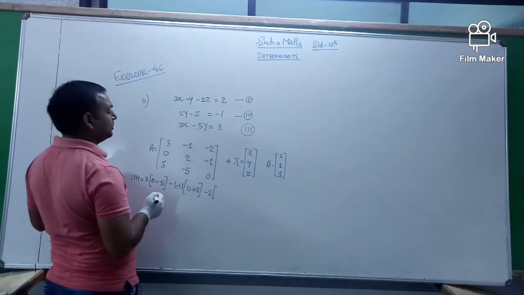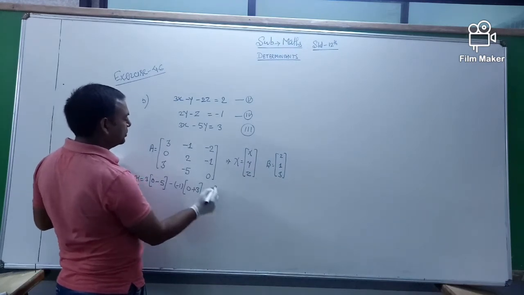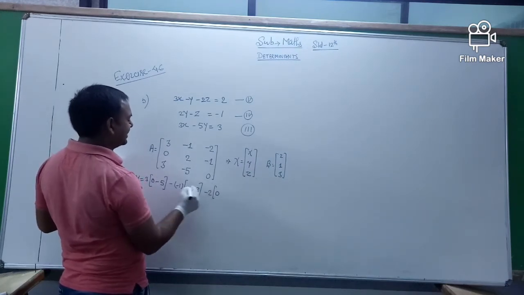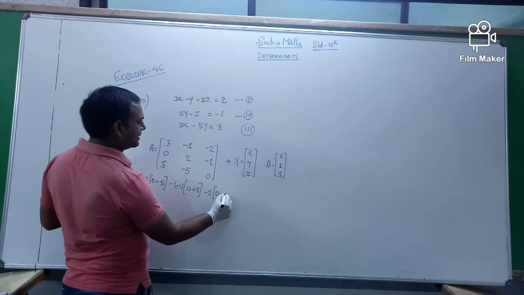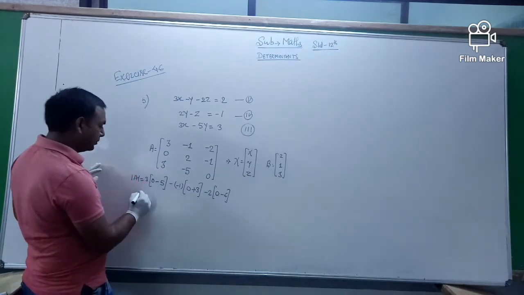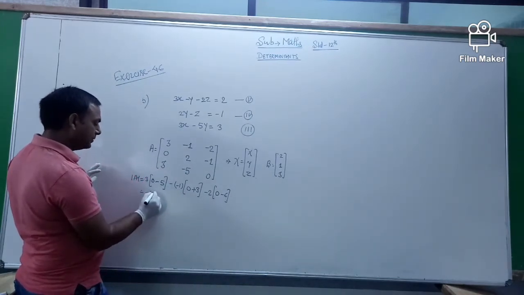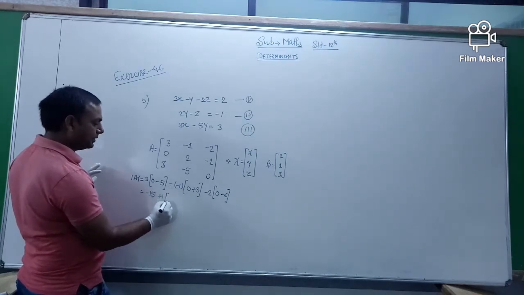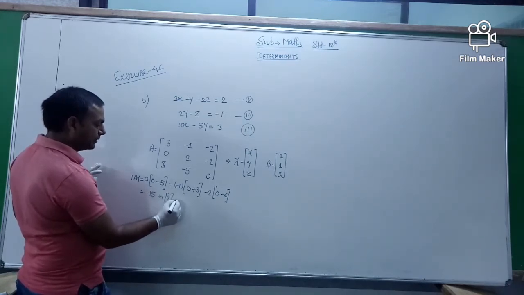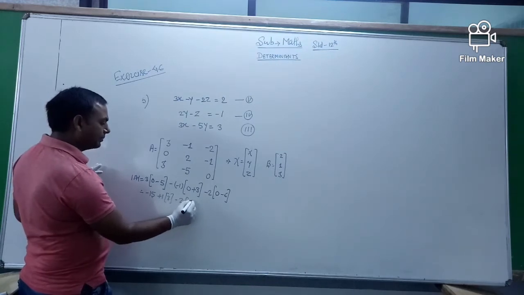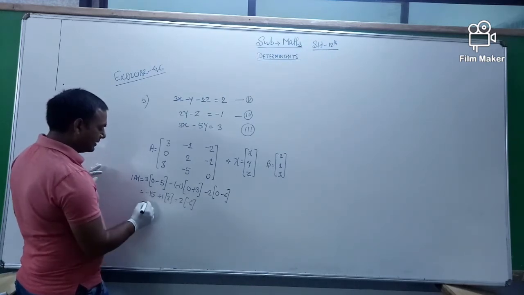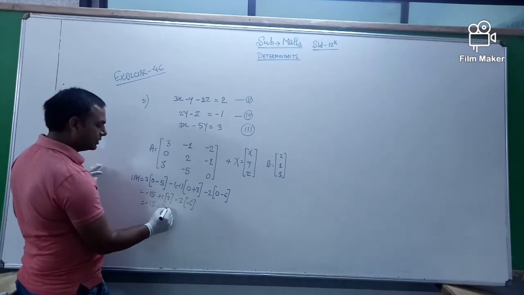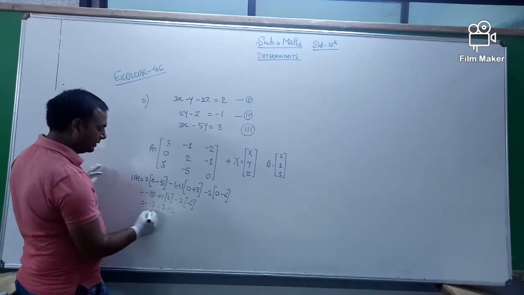Then this is equal to, here minus 2, 0 into minus 5 is 0, 3 twos are 6, so minus 6. Therefore 3 fives are 15, minus 15, minus minus plus 1 into 3, minus 2 and minus 6. Then minus 15 plus 3 and 2 sixes are 12.